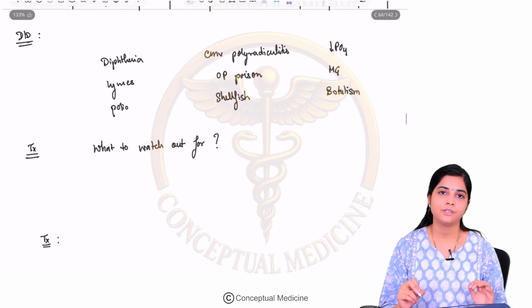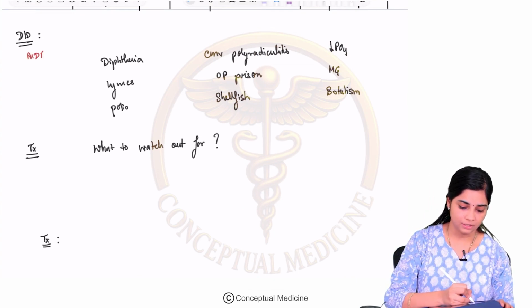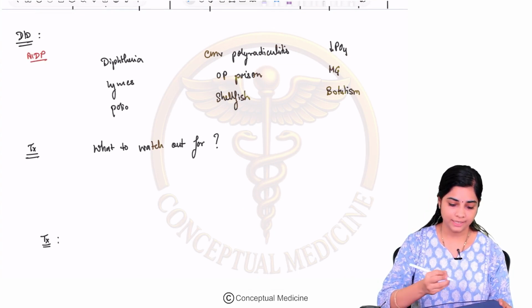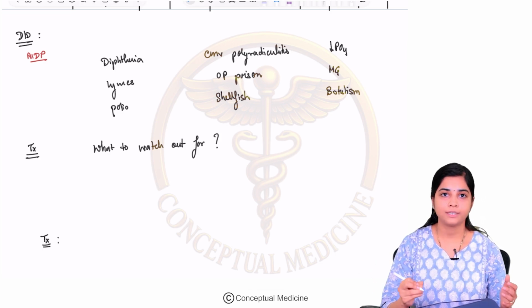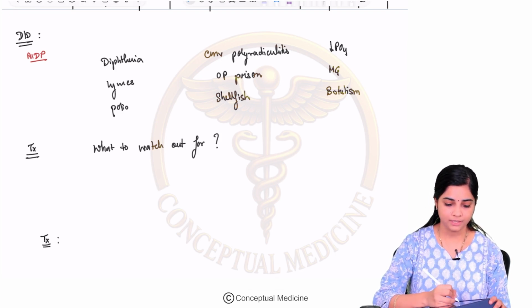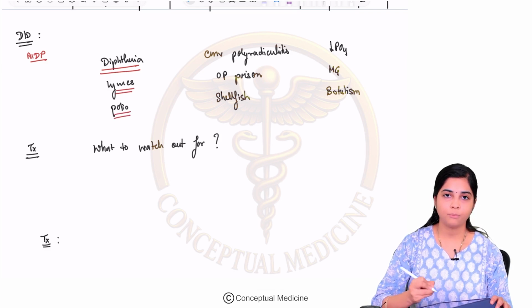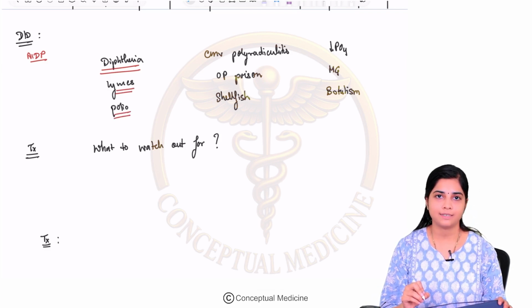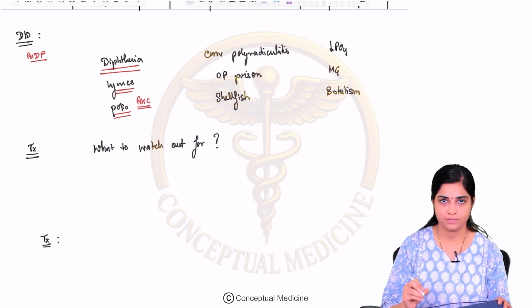So what are the differential diagnoses for GB syndrome, predominantly AIDP, right? Basically we are looking at the differential diagnoses for a quadriparesis with cranial nerve involvement. Very important ones are diphtheria, Lyme's disease, and polio. Polio can also cause flaccid paralysis, especially acute polio, because of involvement of the anterior horn cell, right?